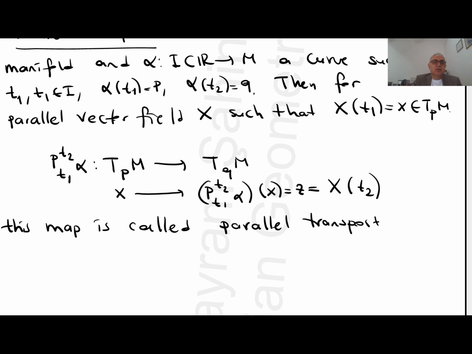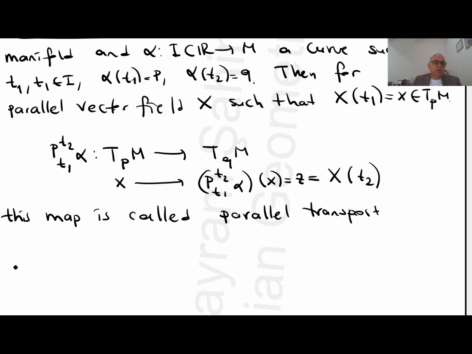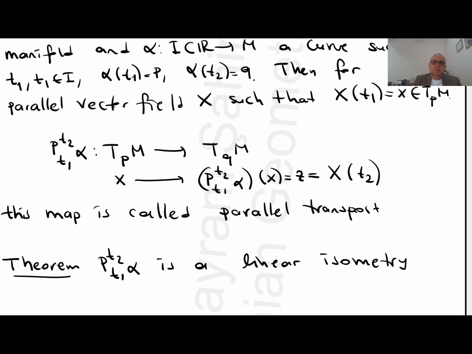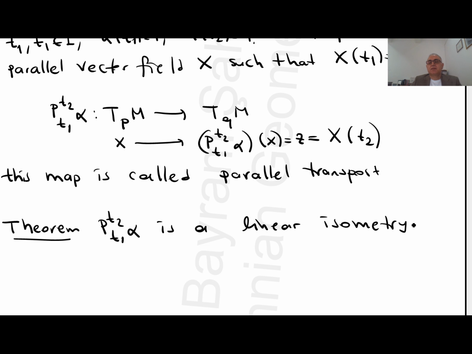So first, I will show this map P_{t1,t2}^alpha is a linear isometry. So this parallel transport is a linear isometry. First let me remind this one.